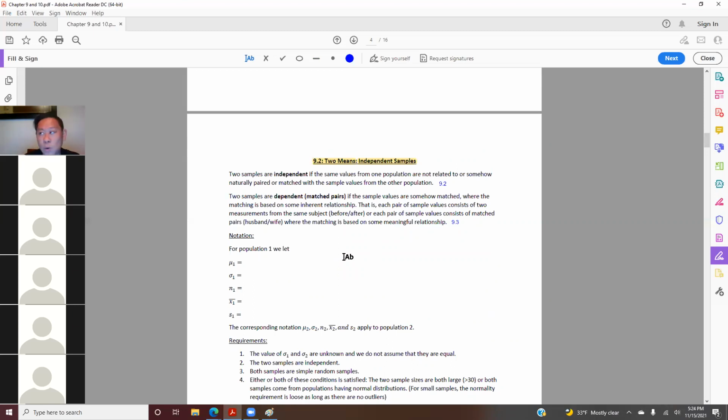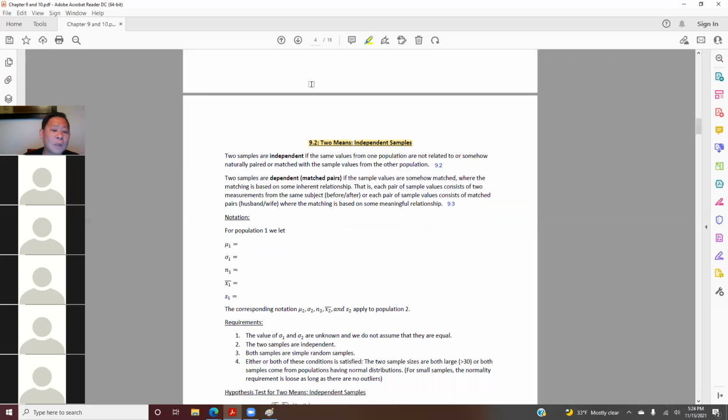So how do you know which one is 9.2 and which one is 9.3? What is independent and what is dependent? Let's talk about that now. If 2 samples are independent, it means that one population is not related to another population.